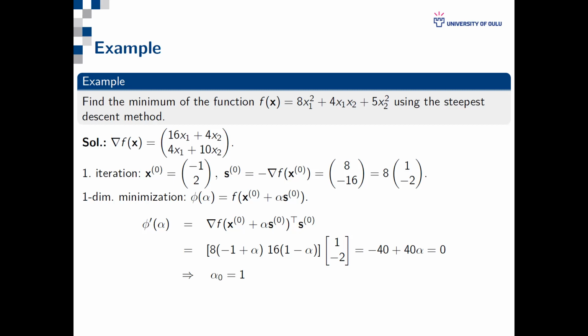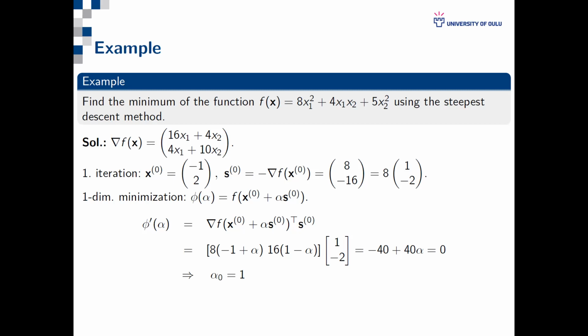And my new search direction is only the point 1, minus 2, because the search direction doesn't matter if I divide it by a positive constant.